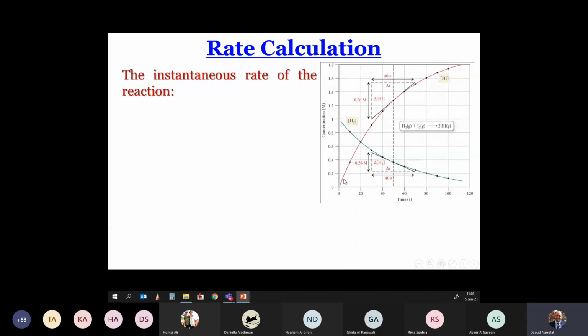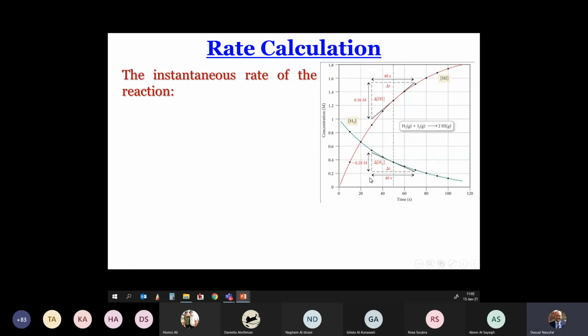That of HI per time is an increasing curve. At t equals 0, this value on the y-axis is the initial concentration of H2, which will decrease till this value, which is, for example, the concentration of H2 at t equals infinity, at t final.